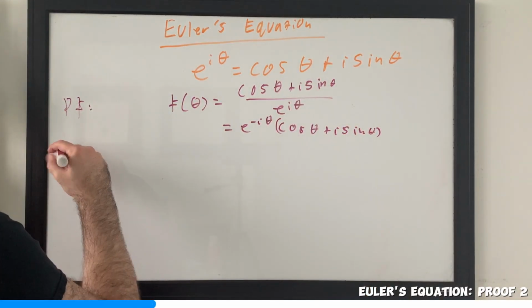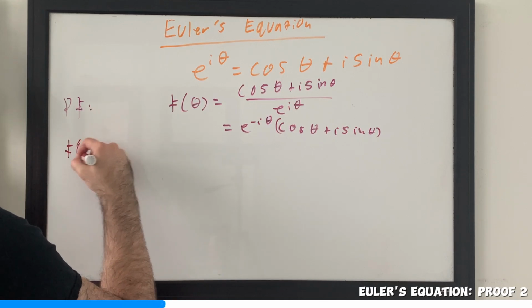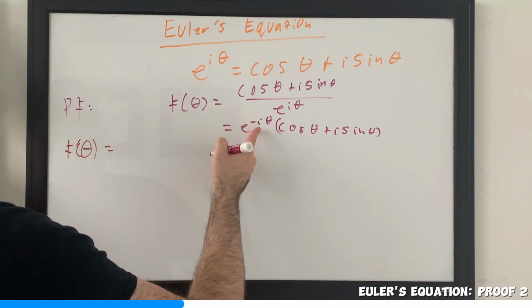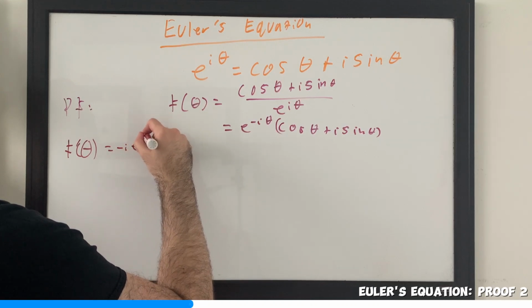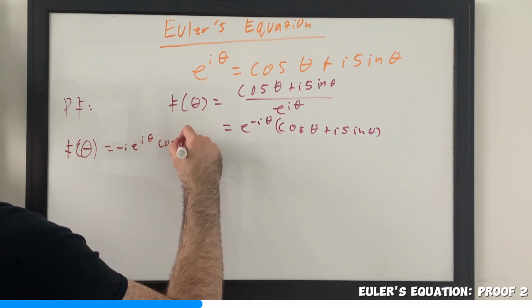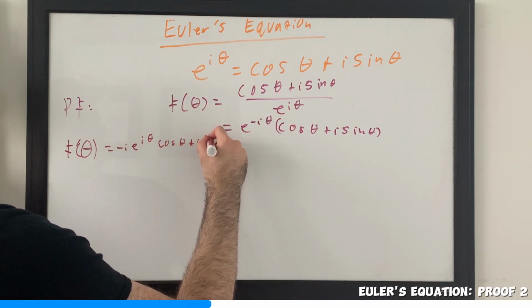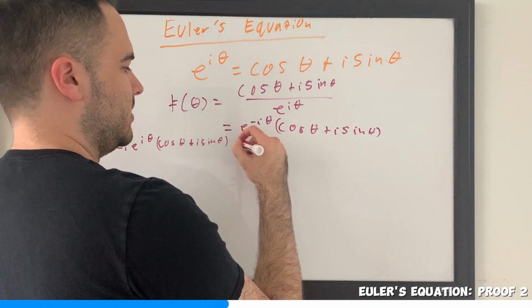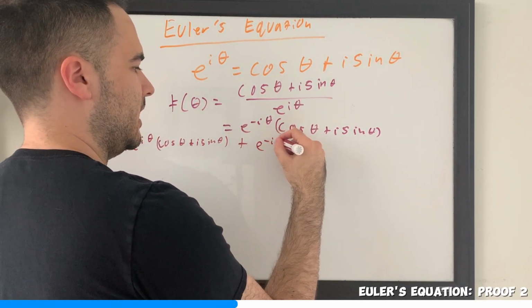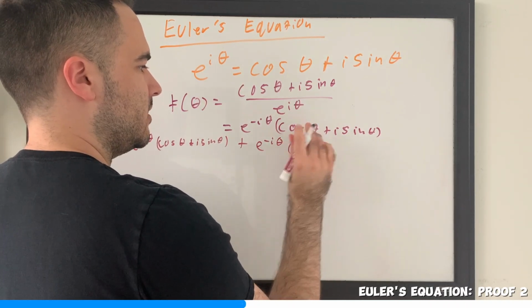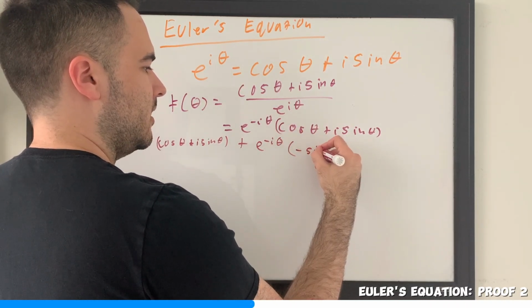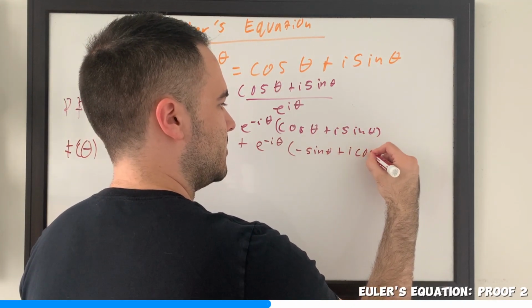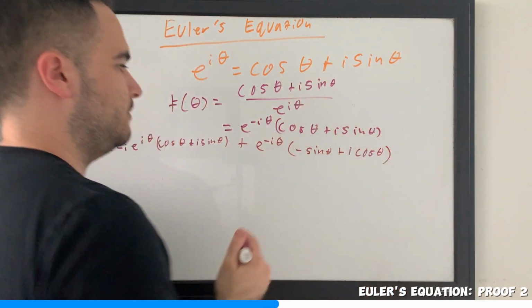If we take the derivative of this function, we will get that the derivative of the first is minus i e to the i theta, cos theta plus i sine theta, times the derivative of the second, which is plus e to the minus i theta times minus sine theta plus i times cos of theta.